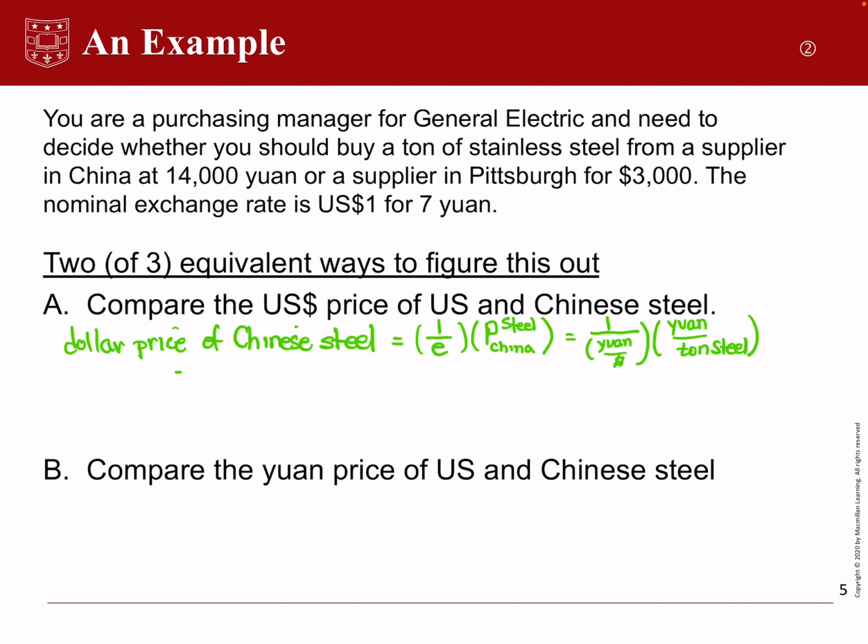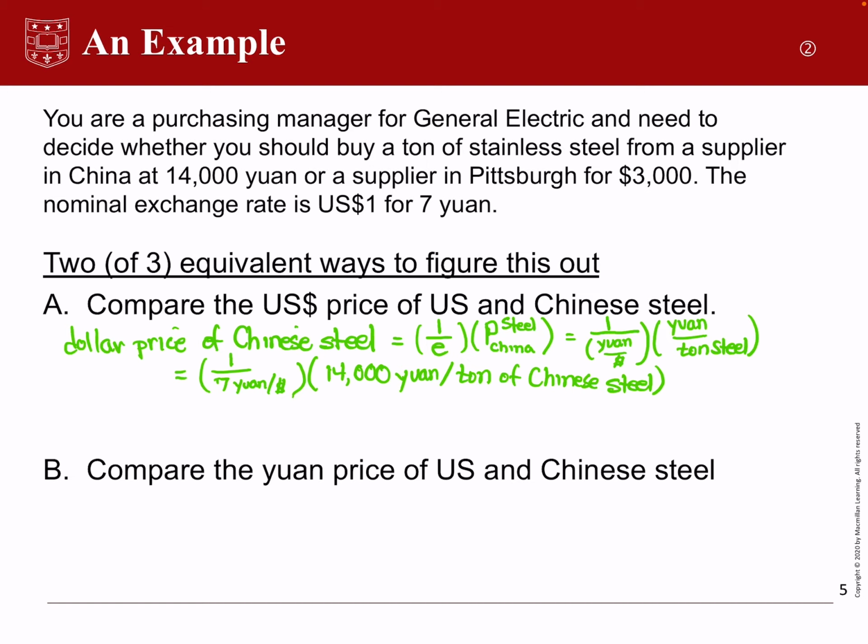So specifically, what we would be doing is taking 1 over 7 yuan per dollar, and we would be multiplying that by the price of Chinese steel. So that would be 14,000 yuan per ton of Chinese steel.